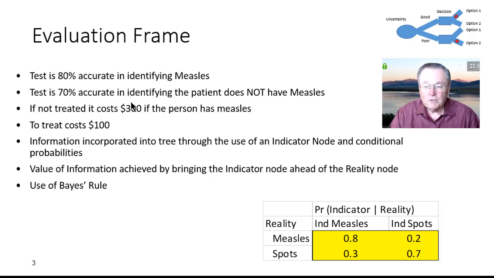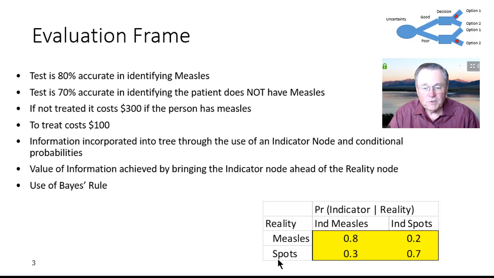And so what we want to do is use the information and incorporate that into a tree using an indicator node and a conditional probability. The value of information can be achieved by bringing the indicator node ahead of the reality node. And this will incorporate the Bayes rule. So down here, we see the conditional probability matrix. Here's the reality.